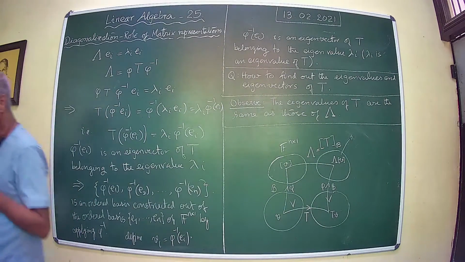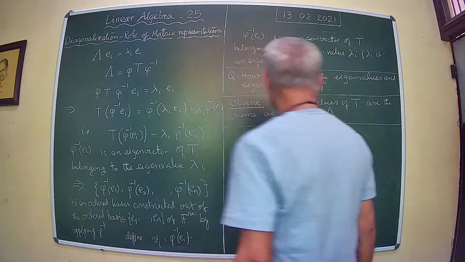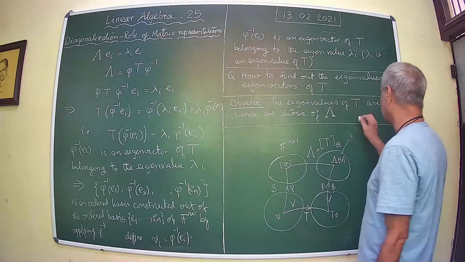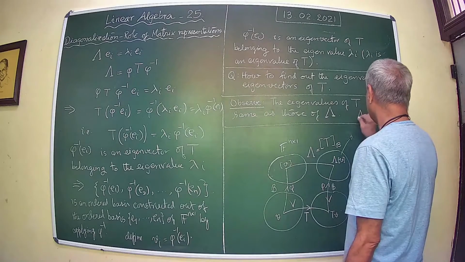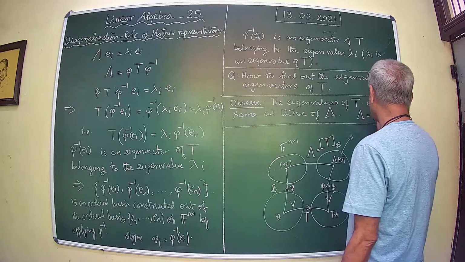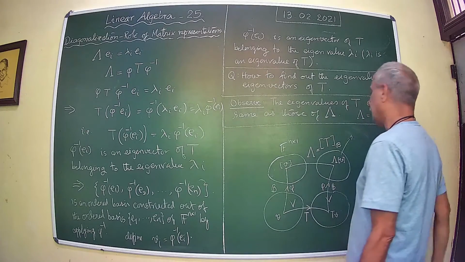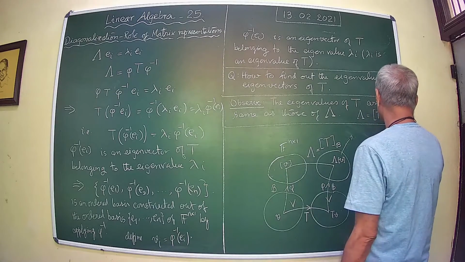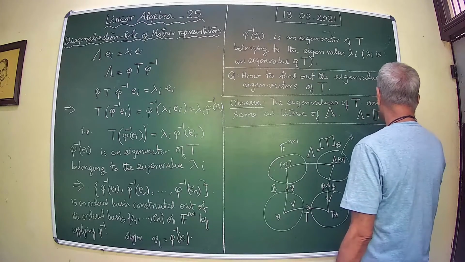So we want this lambda to be the representative of T in some basis.